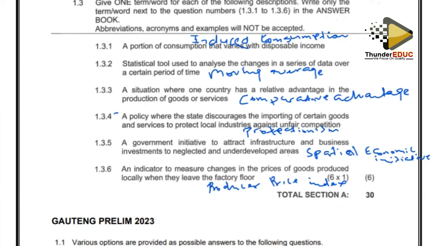I know most of you grade 12s, when it comes to inflation, when there is an increase in the price of a loaf, and you see there's an increase on the price of banana continuously, you start saying that there is inflation. No, that is totally not inflation, but it is called a price hike. Why price hike? Because only two commodities' prices are fluctuating, not all the commodities. So that is why we're saying that inflation is where the general price level of all goods and services is increasing on a daily basis.